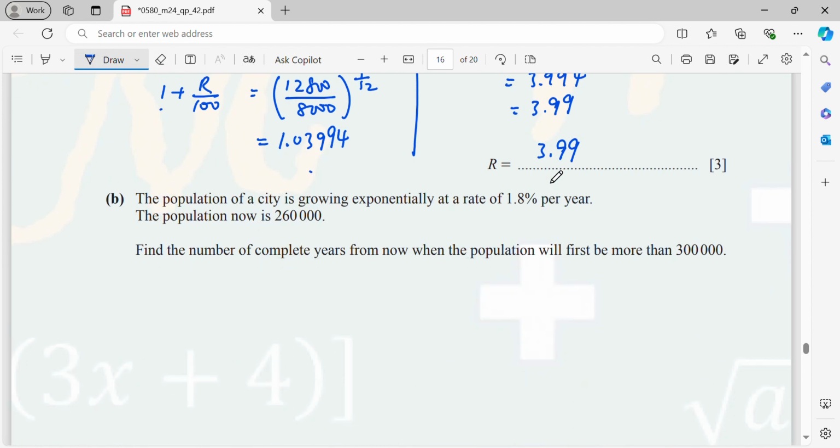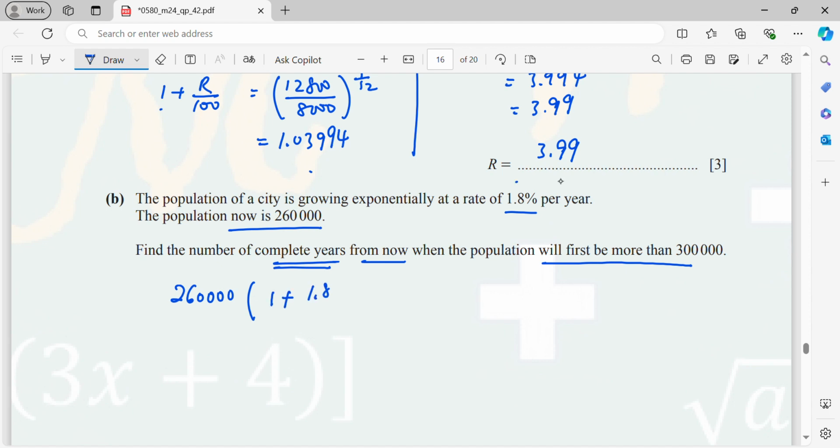Okay, now B, the population of a city is growing exponentially at a rate of 1.8% per year. The population now is 260,000. Find the number of complete years from now when the population will first be more than 300,000. Okay, so the formula is, right now, 260,000 multiplied with 1 plus 1.8%.